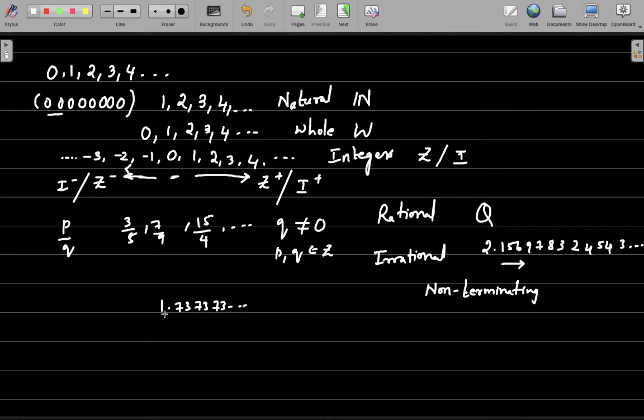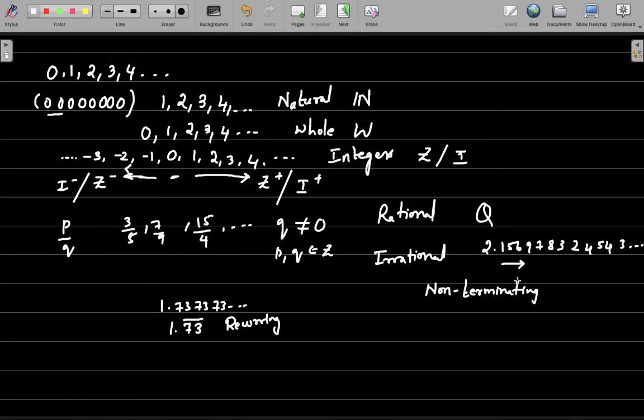If you observe, after the decimal, this 73 is getting repeated in the same pattern and this is continuous, goes on. So you represent this with a bar, 1.73 bar, and you call such decimals recurring decimals. That is, repeating values after the decimal in the same pattern.